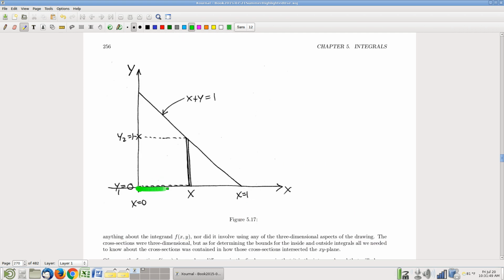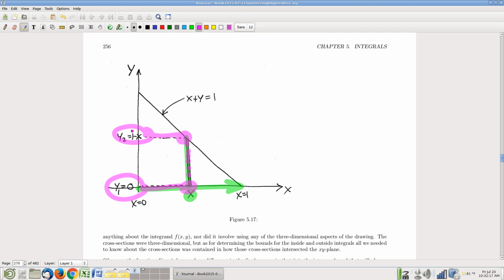We're going to say x goes from 0 to 1, and here's what the slices look like. So said differently, for any given value of x, that represents the range of values for y. And so next question, y starts there and ends there.